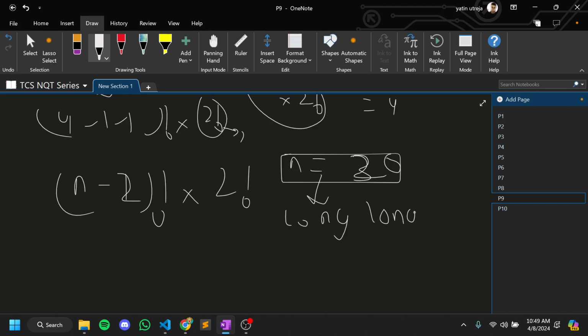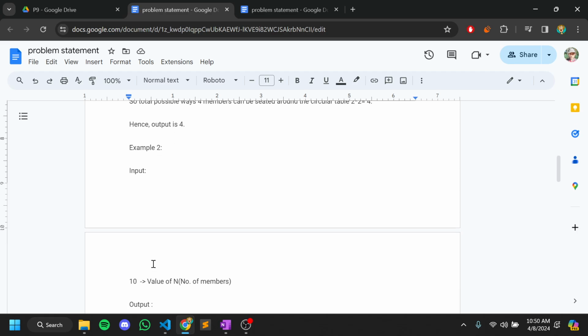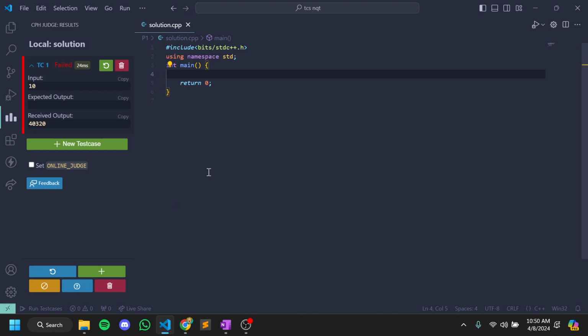This approach can also be solved using strings if our n's value is greater than 20. So yeah, using string multiplication we can also solve this in a real test, but since our constraints don't fall in that category yet, we are not using string multiplication.